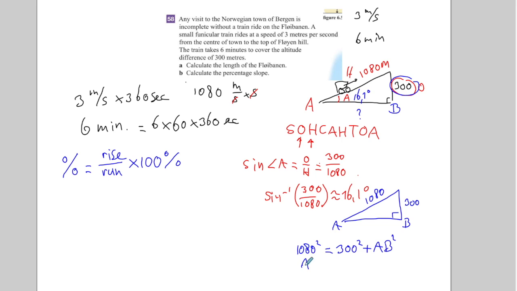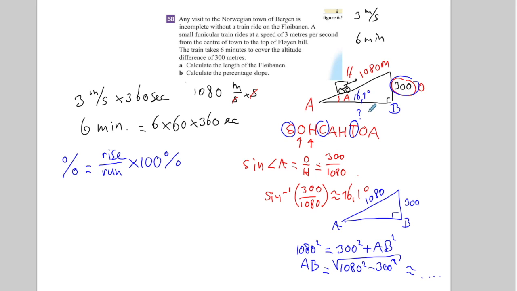So AB is the square root of 1080 squared minus 300 squared. And you will find out afterwards what is the answer. But let's do it the other way around. Let's do it by using my sine, cosine, or my tangent.